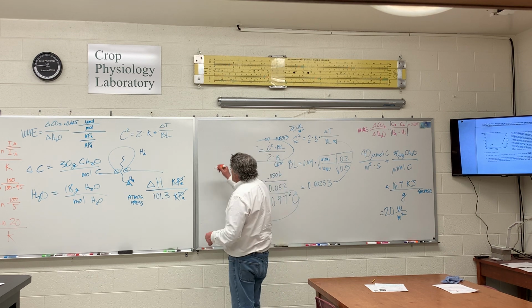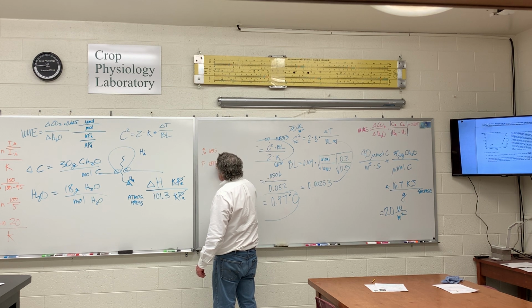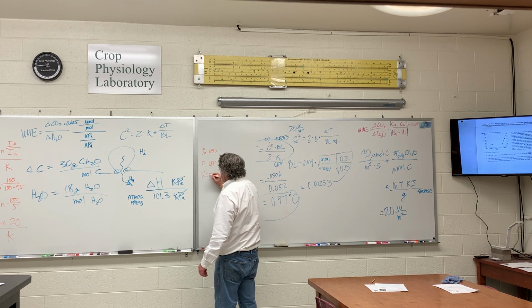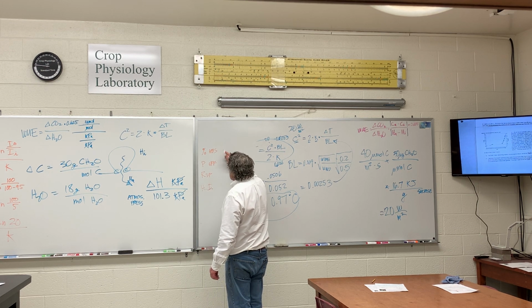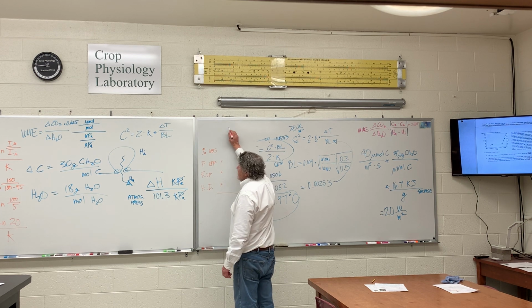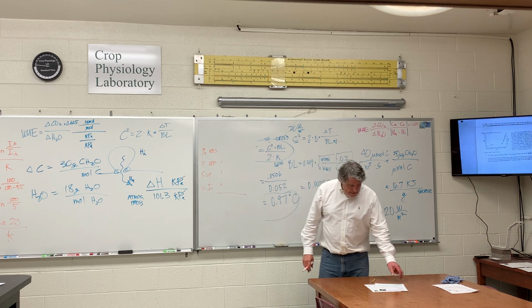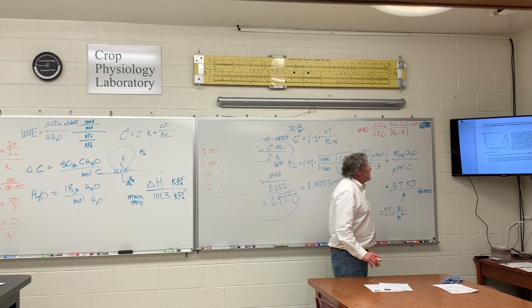And this just asks you to do percent absorbed radiation, photosynthetic efficiency, respiration efficiency, harvest index. This times this times this times this, get the answer. And then a typical input of photons at the top. Let's see.